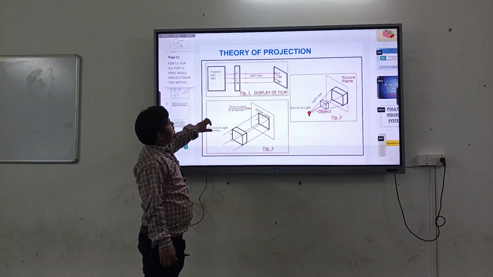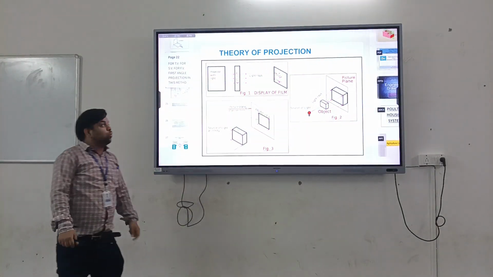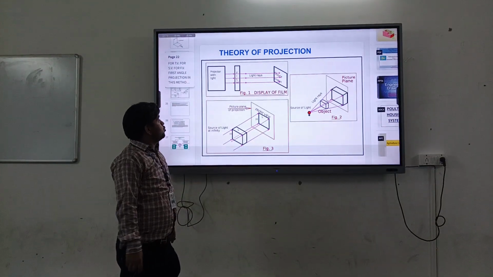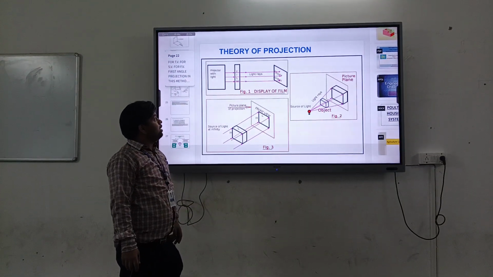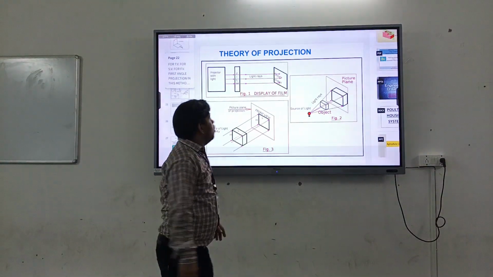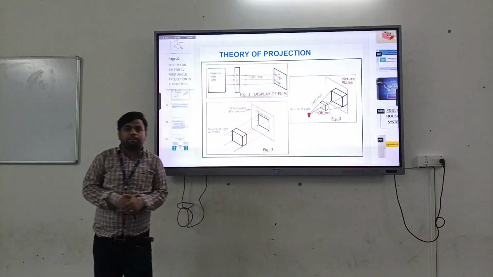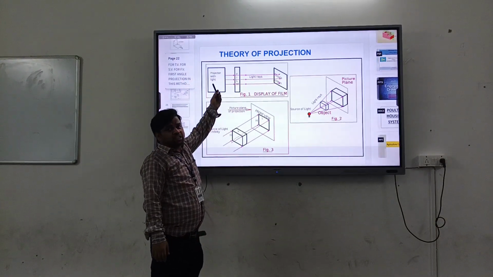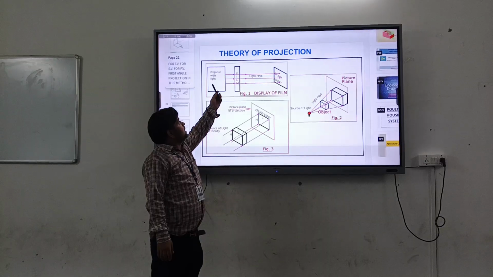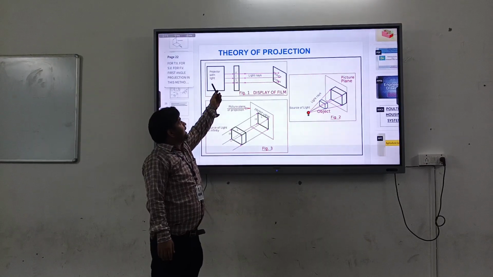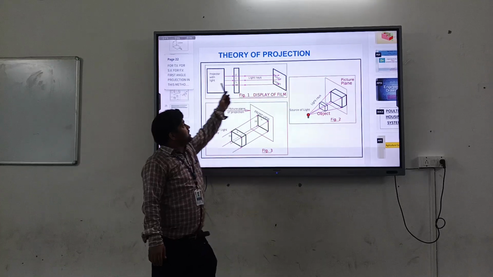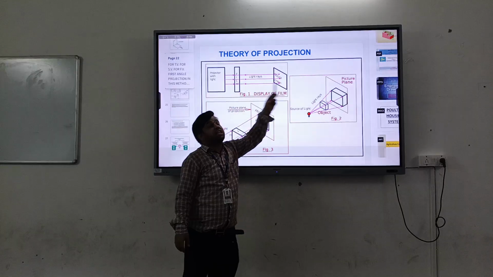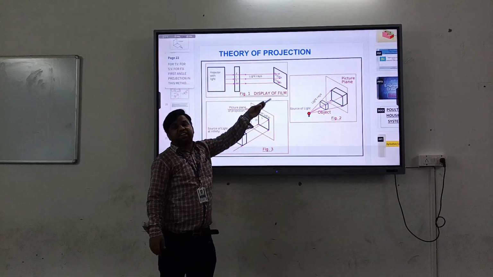So this is the theory of projection. What is projection? Suppose we display a film on a picture screen. The light from the projector strikes the picture screen, so the images will be formed on the picture screen in the form of light rays.